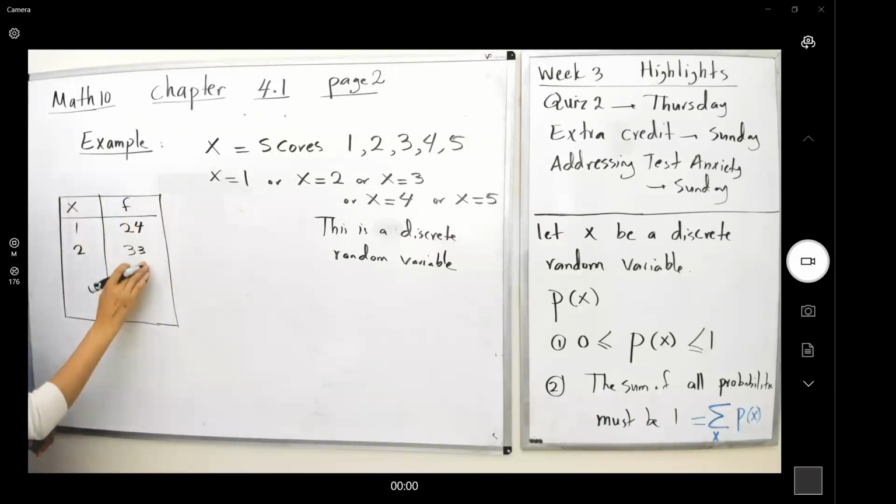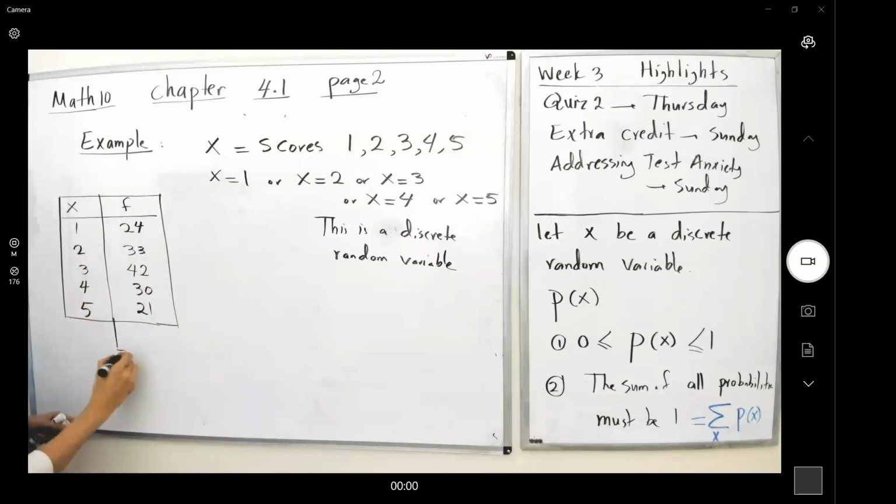It means that 33 people got score 2. Score 3, you have 42 people. Score 4, you have 30 of them. And score 5, you have 21 people. How many people in total? What's the sum of the frequencies? It is equal to 150.